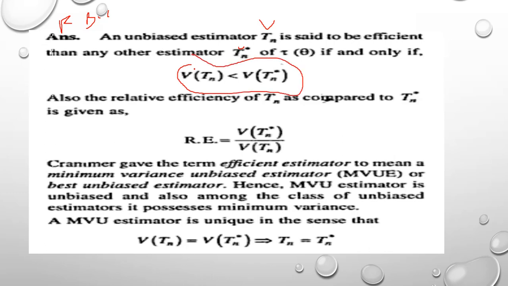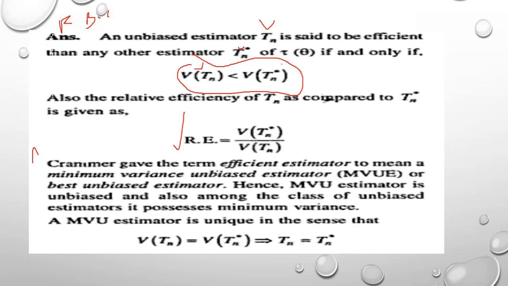That means Tn is the efficient estimator compared to Tn star. If you need to find the relative efficiency, you can write: relative efficiency equals variance of Tn star divided by variance of Tn. This is also one result.